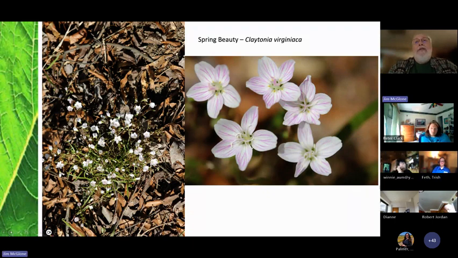Because remember, I said about 30% of our native bees are specialists, whereas honeybees are generalists. They will use our native plants, they will use the non-native plants. I showed you that and you get honeybees on that, but it's no good for our native bees. So you need to have the native plants to support the native bees.